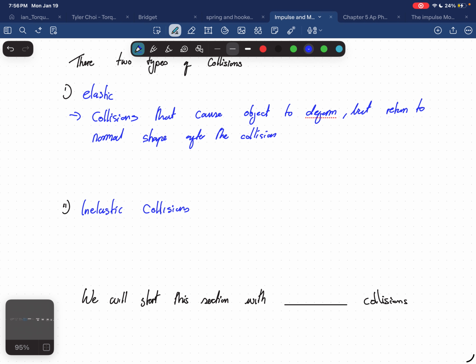And then inelastic collisions cause objects to deform permanently. So to start this section, we'll study elastic collisions.